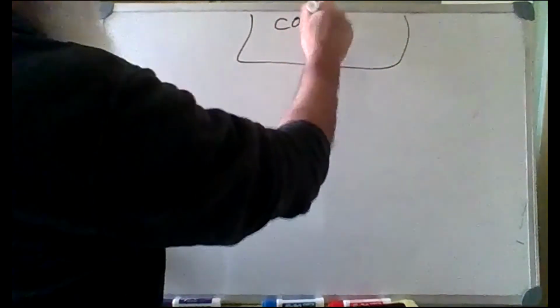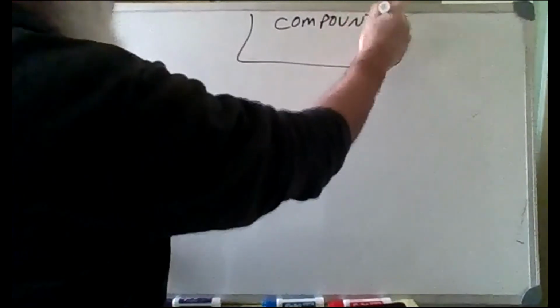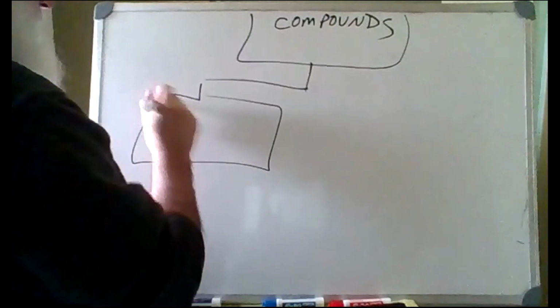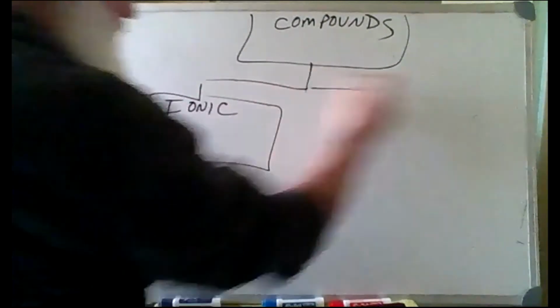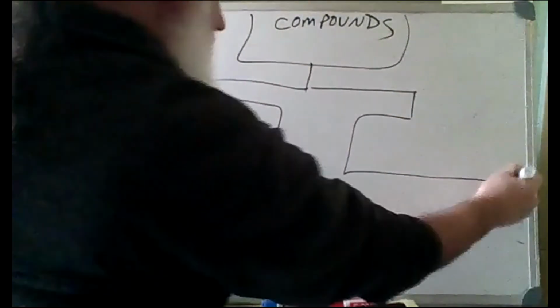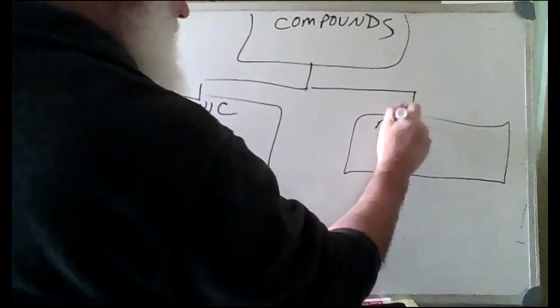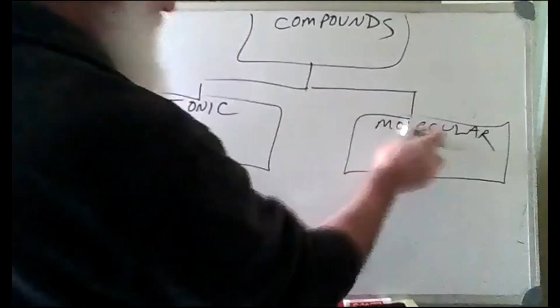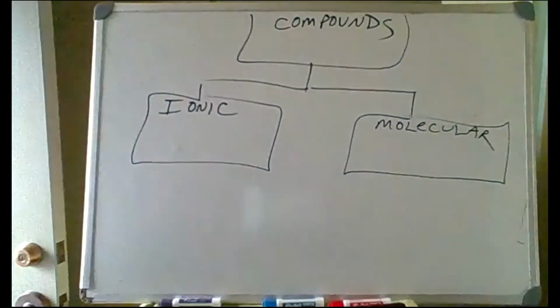Now, let's draw that little flow chart one more time. We drew this last class, but it won't hurt to see it again. So there are 2 main types of compounds, ionic and molecular.